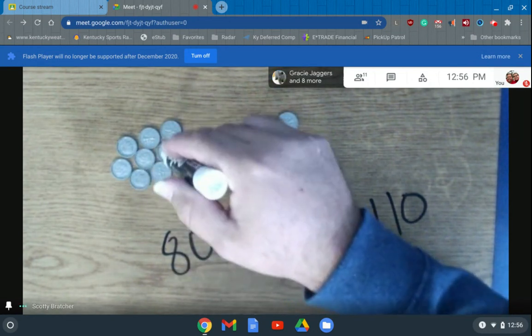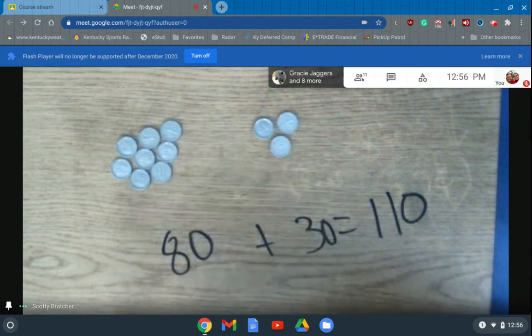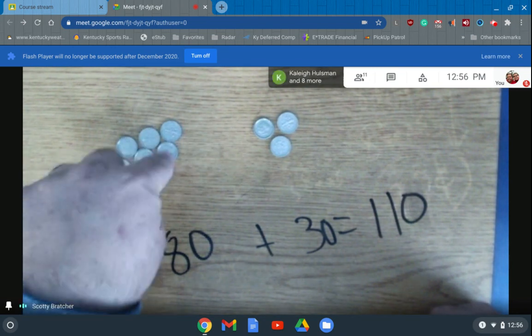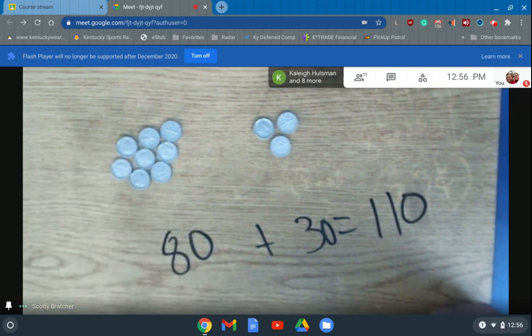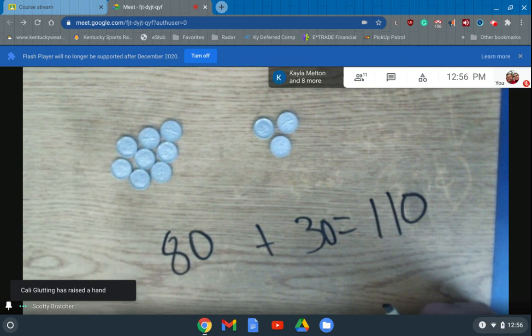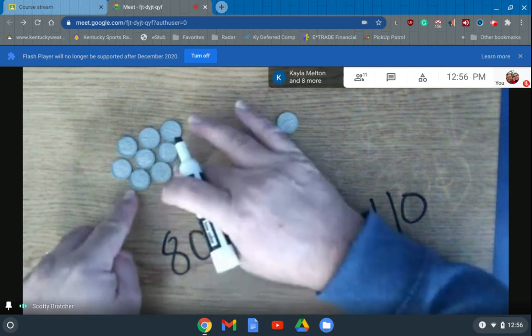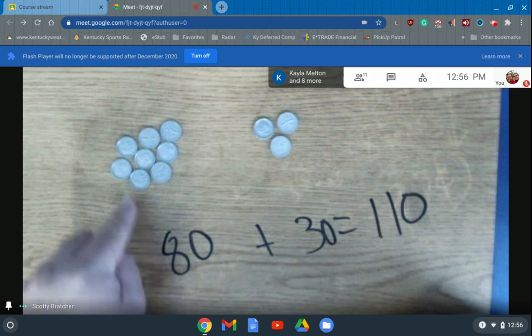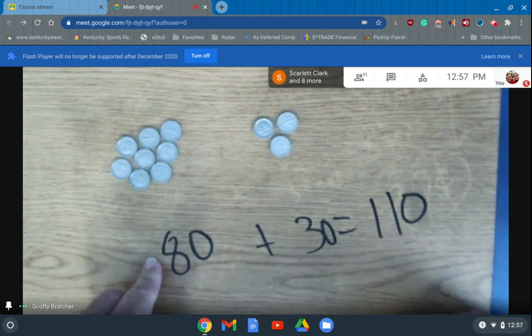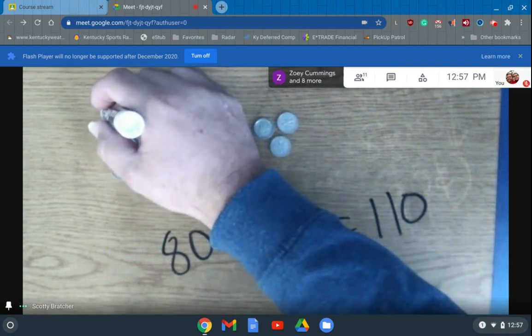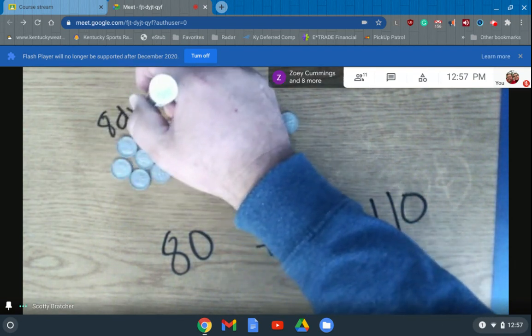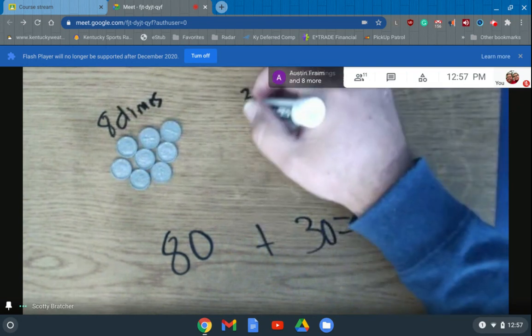this is 80, but what's it look like? Austin, what's this look like? 80. Okay, does this and that look identical? Well, it looks like 8 dimes. Exactly. Okay, it looks like 8 dimes. And this is 3 dimes.